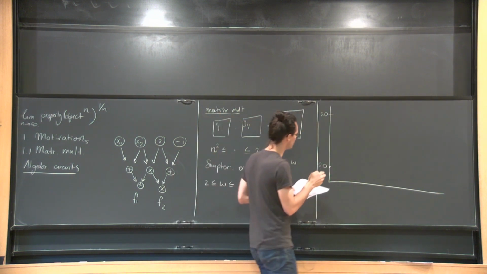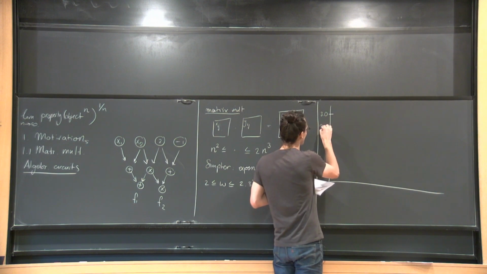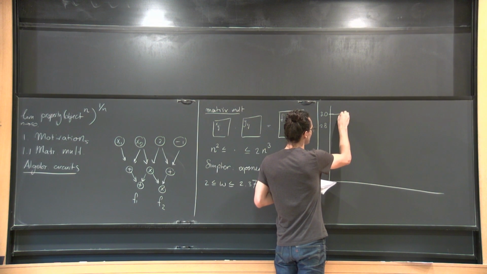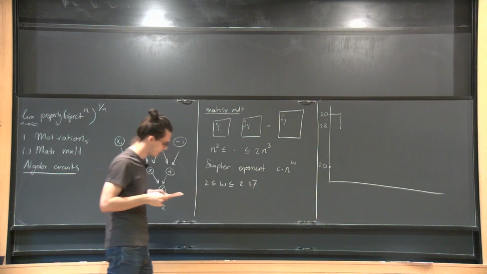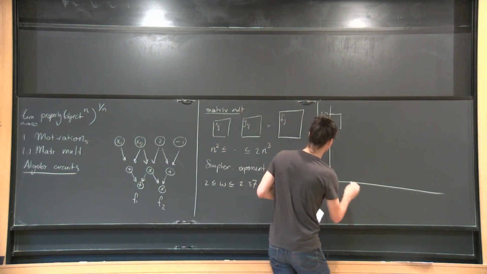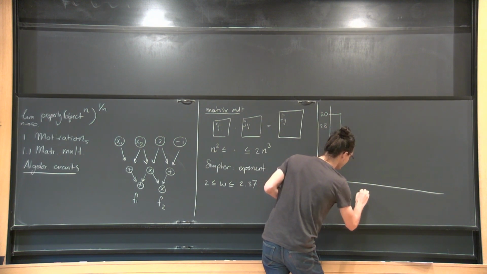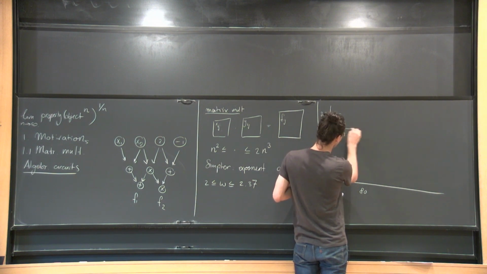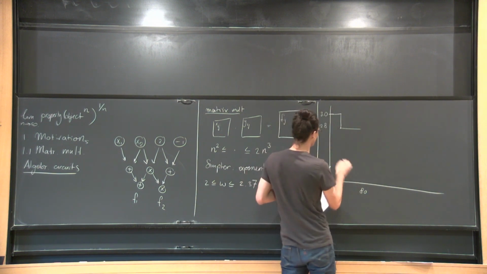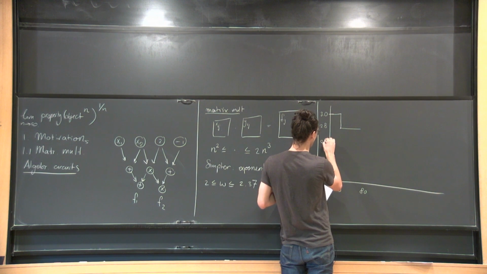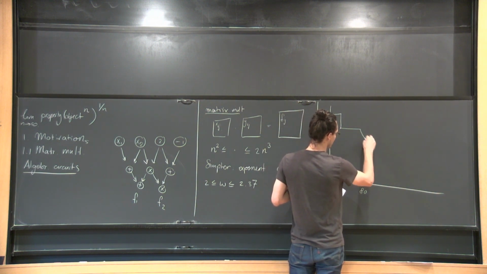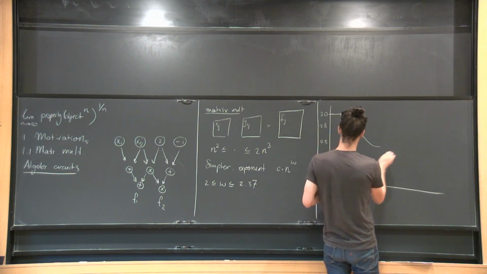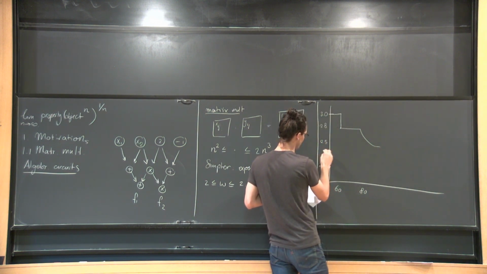And Strassen in the 60s managed to bring down this exponent to 2.8. Then it took a while, somewhere in the 80s, for people to come up with new tools to bring this down to roughly 2.5. And a little bit later, this was brought down to a little bit above 2.3.